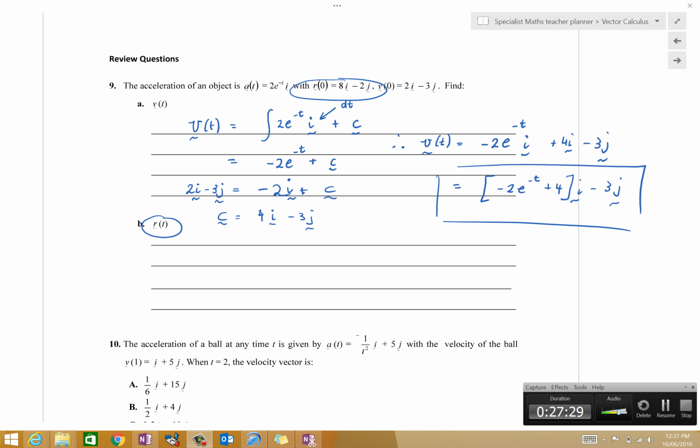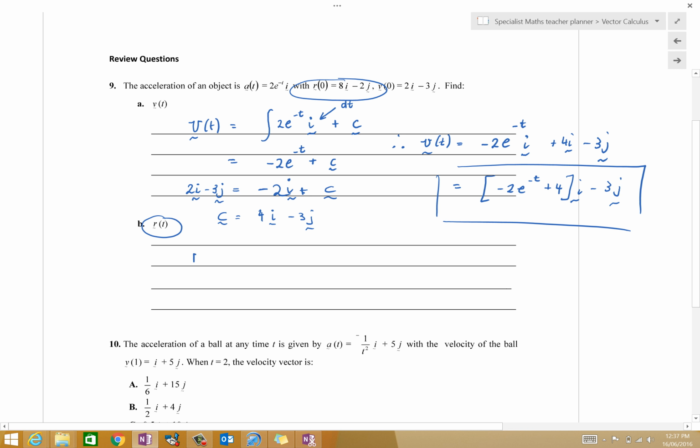Just one sec. Of course, here we can say that r of t is equal to the antiderivative, with respect to t, of the i component and the j component. So I'm just going to do that straight away.